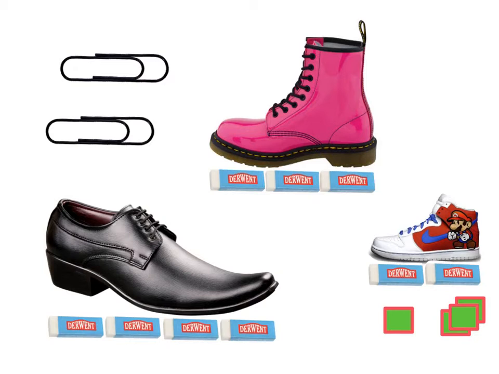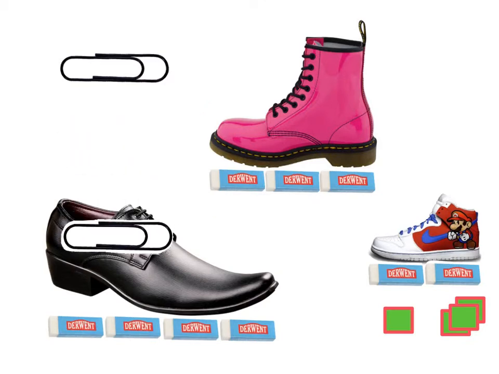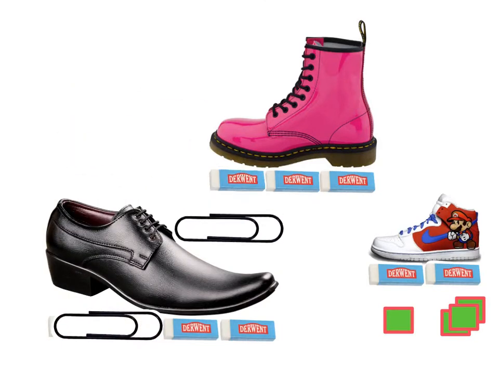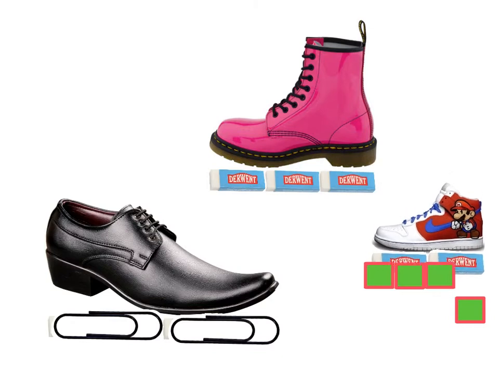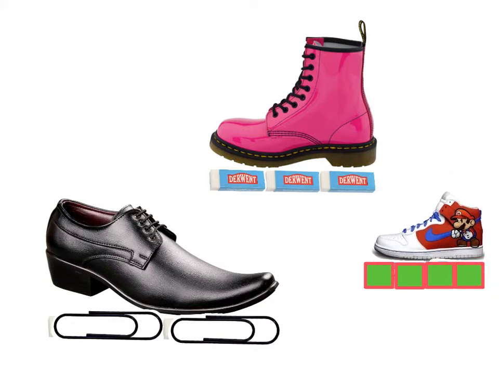If I decided I was going to just choose to keep the boot measured with rubbers, and then I thought I might try something like the paper clips to measure the shoes and some squares to measure this shoe over here, then would that be a fair way to work out which of the items is the longest and which is the shortest?